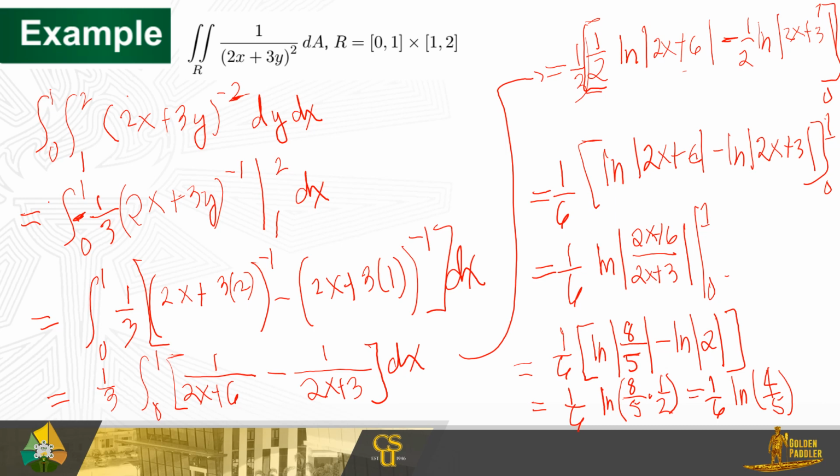Pag kasi yung exponent natin is negative 1, no? So that means negative 1/3 yan. Okay? So dapat mayroon negative pala dito, sorry. Nalimutan ko maglagay ng negative. Okay, so negative 1. So magiging negative 1 over 6 na yan. Okay? So, kung yung answer natin is negative 1 over 6 times the ln of 4/5. So, actually, the same lang yan sa book. Negative 1 over 6 times ln of 8 minus ln of 2 minus ln of 5.